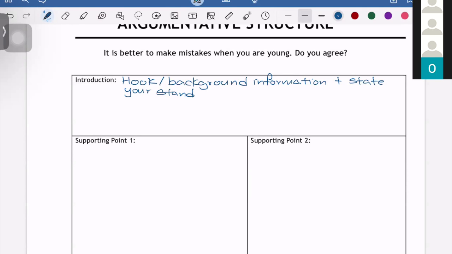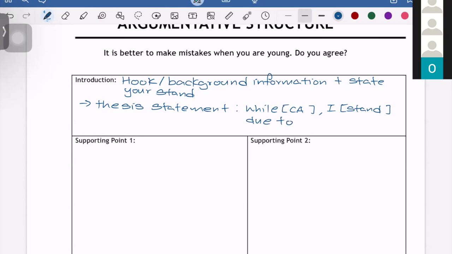What you can include, as just mentioned, are rhetorical questions, or you can include quotes as well. Then your thesis statement: while counter argument, I agree or disagree due to supporting argument 1 and supporting argument 2.